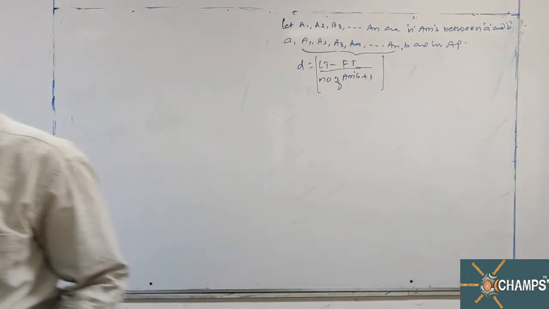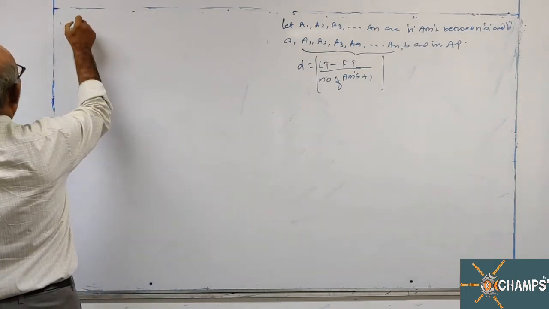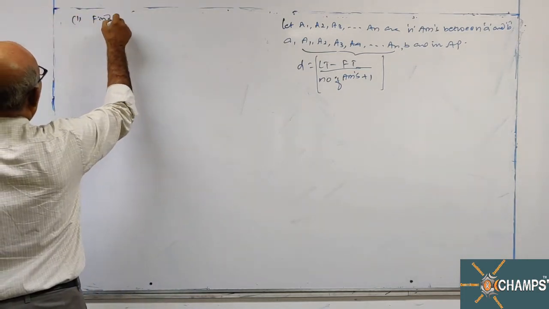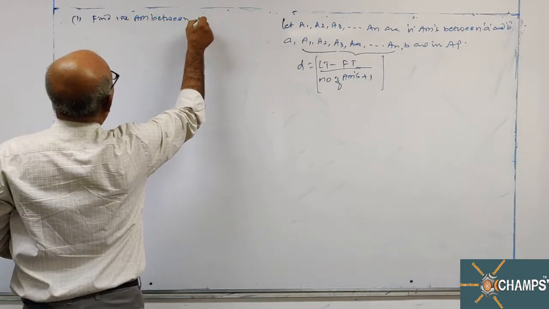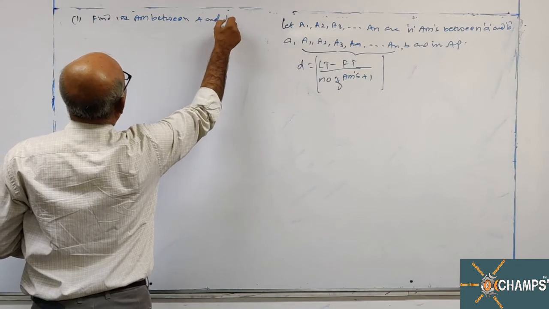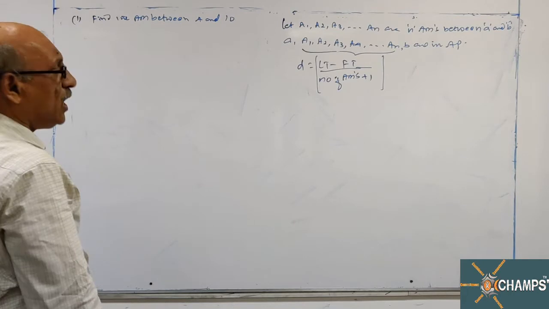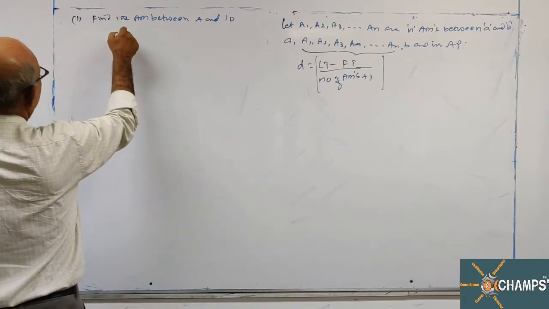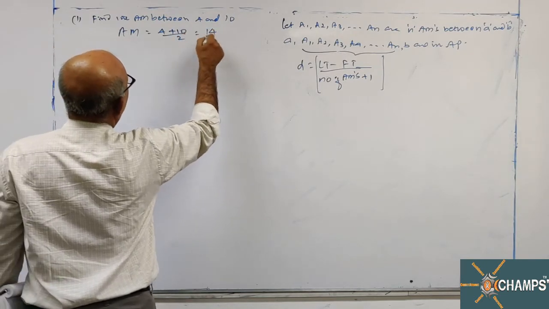Let's see the questions here. First question. Find the arithmetic mean between 4 and 10. Only one value. Arithmetic mean is equal to 4 plus 10 divided by 2.